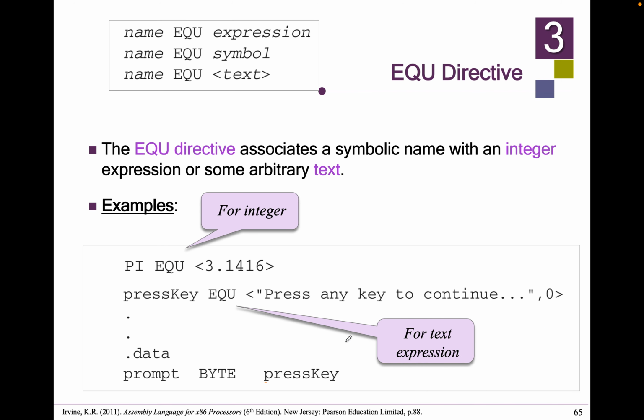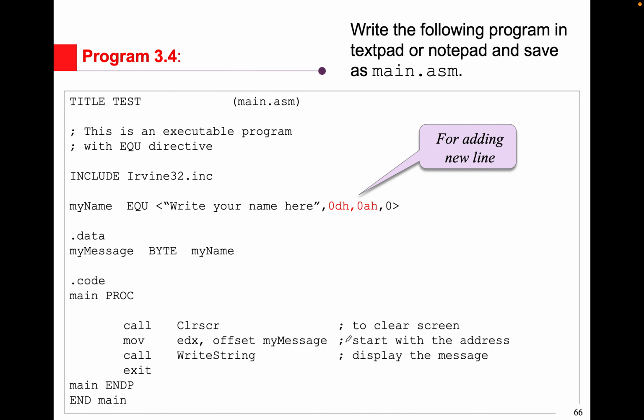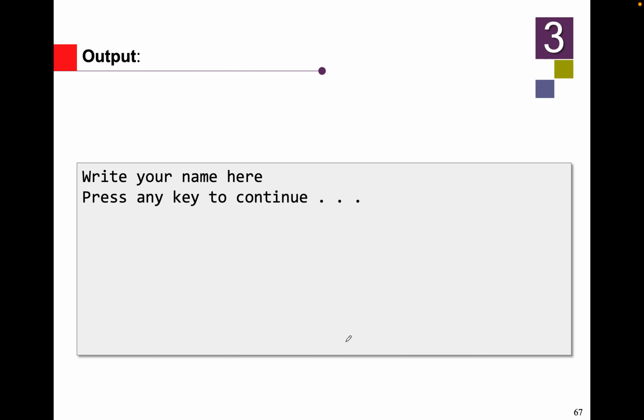And there is another one, which is the EQU directive, which is a symbol name with an integer expression or some arbitrary text. Please copy this and try to run it. Also look into your output.